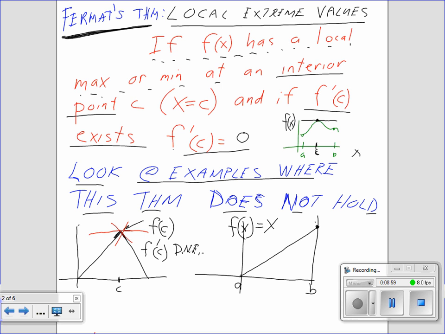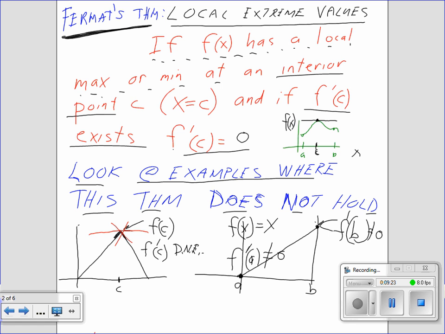Here's my min. Okay, so I have a max or min. Does the derivative exist? Clearly f prime of b is not equal to 0. F prime, the derivative of a, is not equal to 0.